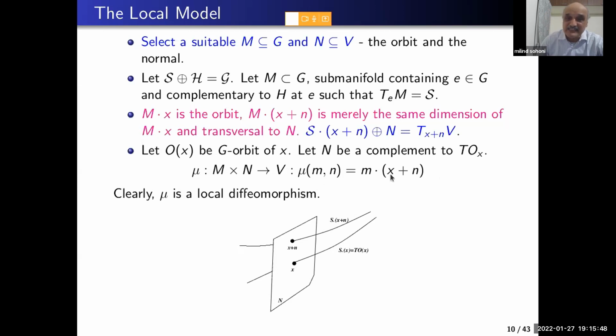When N is zero, M dot X is just the orbit. So it's sort of a cross product of the orbit and the N.